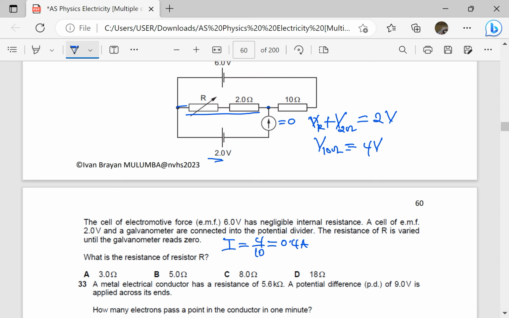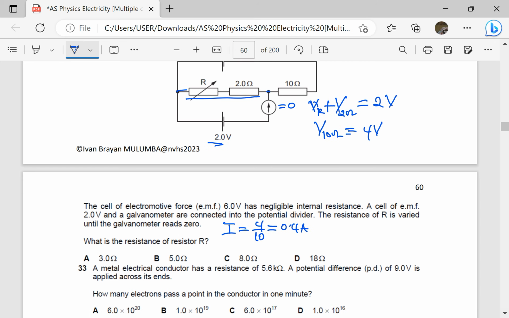Okay, so let's now find it. We want to find what is the resistance of resistor R. Since we know the current which is flowing, we can find the PD across 2 ohms.